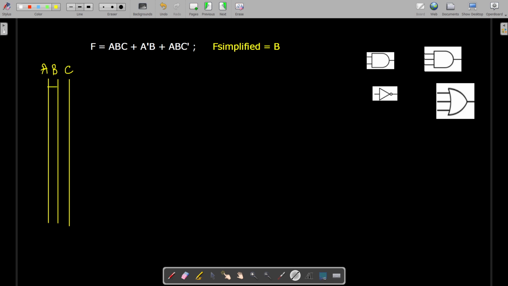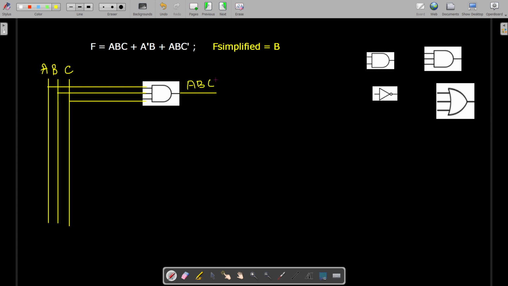So we take the connection from A, then from B, then from C. These three are given as input to a three input AND gate, and we take the output from here and name it ABC.